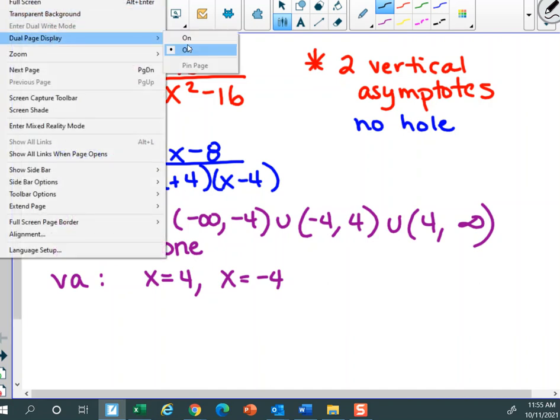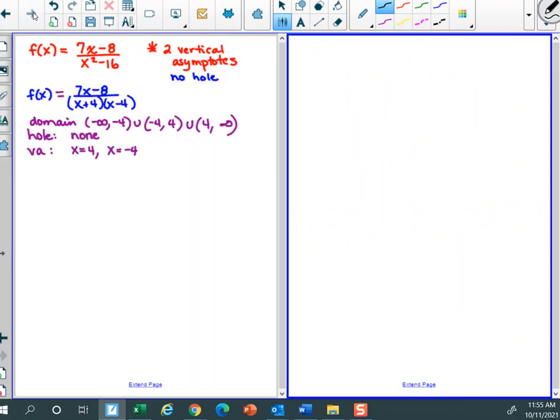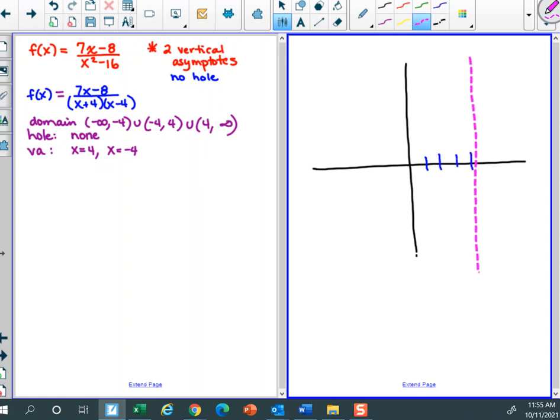I'm going to go on a little dual page here so we can look at this stuff and graph at the same time. So if I'm over here graphing a little bit, that means vertical asymptote, vertical asymptote. So we're going to move that one over a little bit so it's more on the 4.